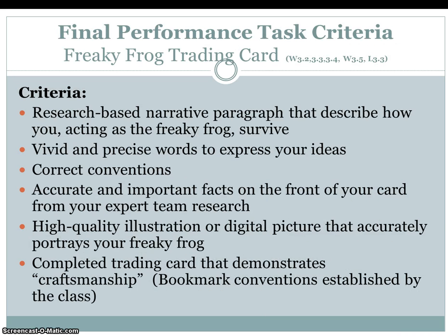The criteria includes a research-based narrative paragraph, vivid and precise words, correct conventions, accurate and important facts, high quality illustration or digital pictures, and a completed trading card that demonstrates craftsmanship. The bookmark conventions have previously been established by the class.